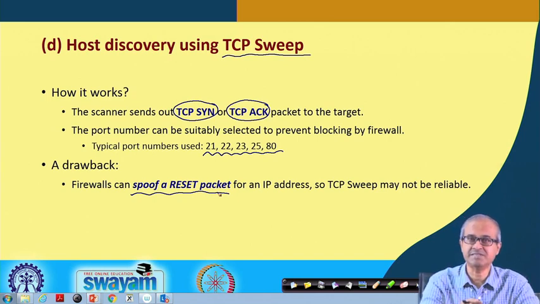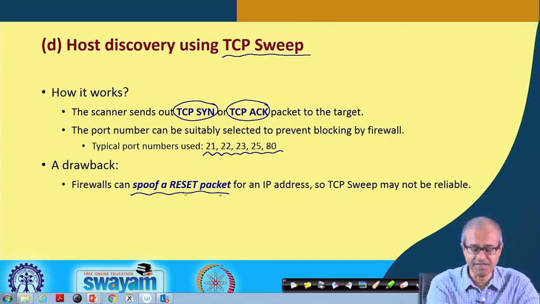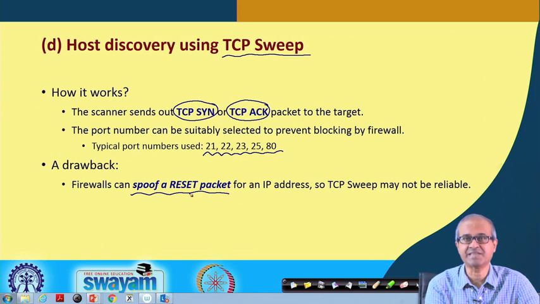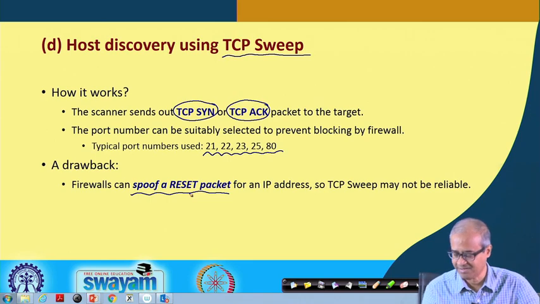So, in some cases such a request can be terminated by sending back a connection reset packet, so that you will not know whether that particular host was up or not. It is the router or the firewall which is sending you back the reset packet.